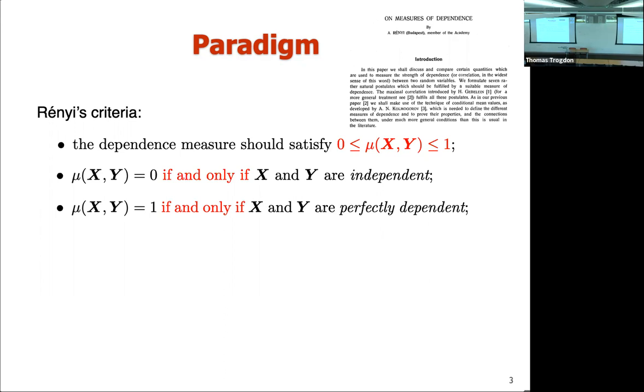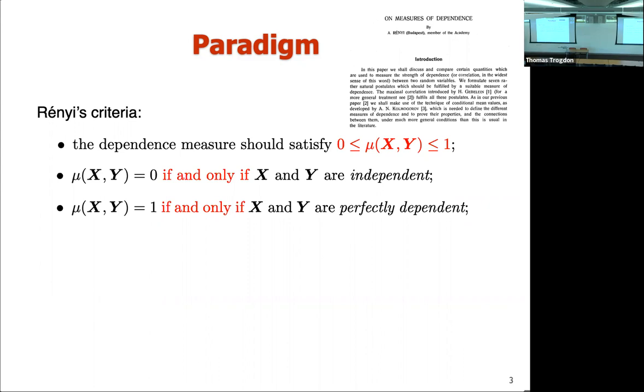What do we mean by perfectly dependent? I will talk about it later, but you can imagine it should mean something about their sigma algebras. They should be very close or even identical. It's slow, but I think I buy it. So this is Renyi's criterion for defining a dependence measure in the population space.